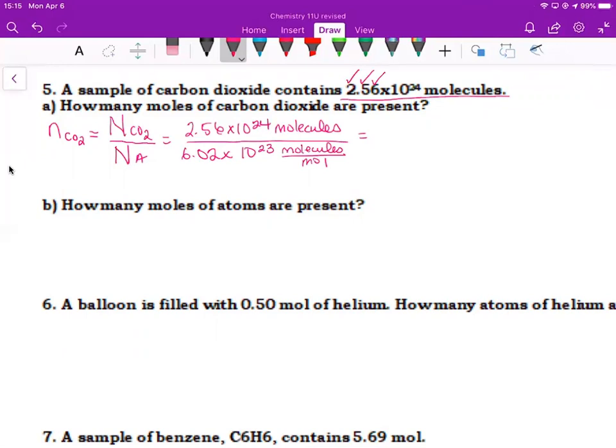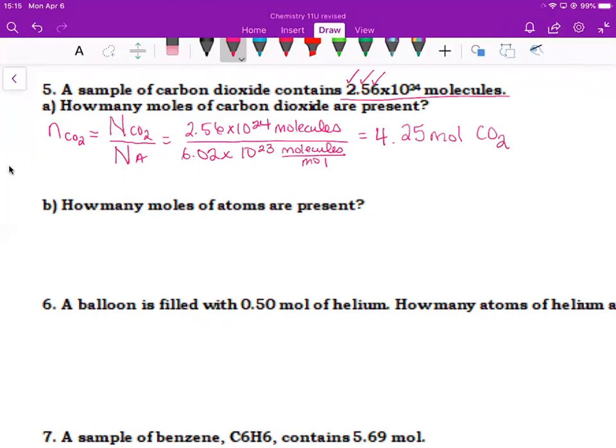As I put this into my calculator, I get 4.25. That's already in scientific notation, a number between 1 and 9.99, so I just have to follow significant digits. That would be 4.25 moles of carbon dioxide.